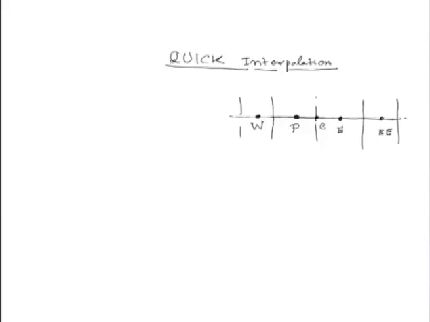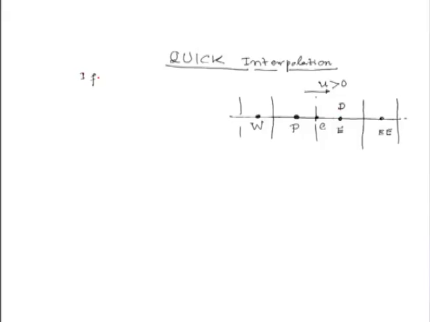Now, if the flow velocity at e is in positive x direction, then our downstream node will be the eastern node.